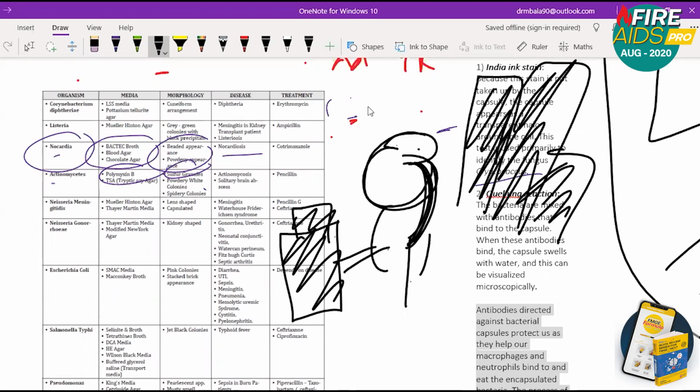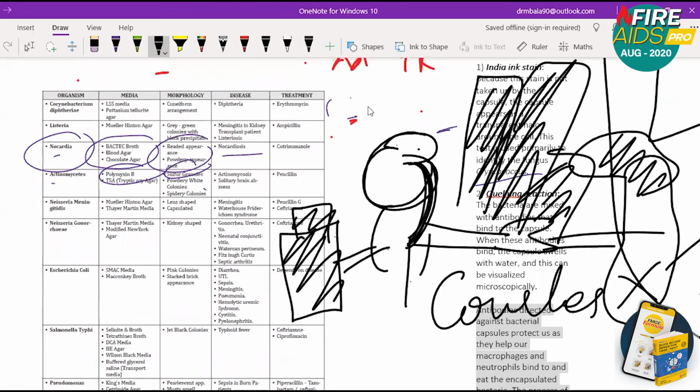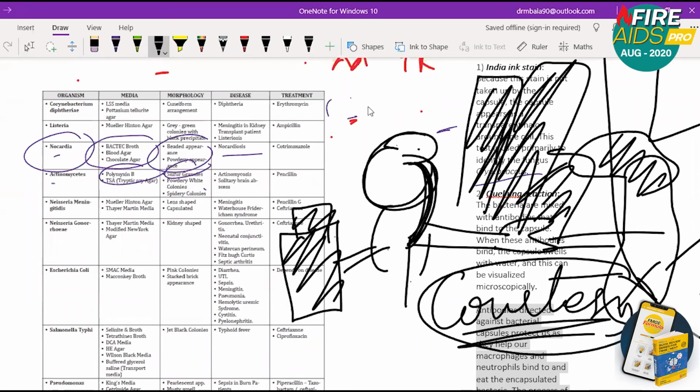He's shaking hands with a person whose name is some X. So what he's trying to do is he's showing some courtesy. So Fitz-Hugh-Curtis syndrome. So courtesy stands for Curtis syndrome. So he is shaking hands.